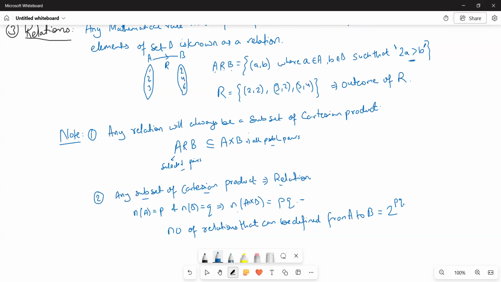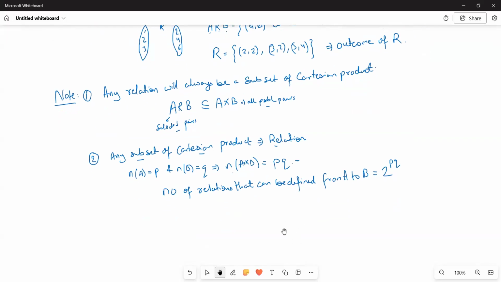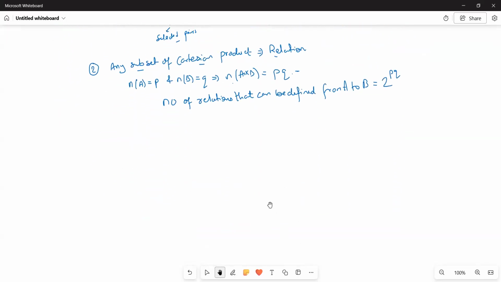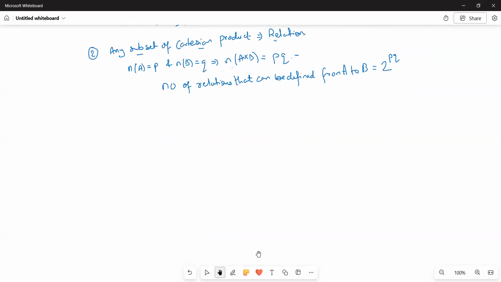So the number of relations that we can define from A to B is 2 to the power PQ. Okay, is this clear?